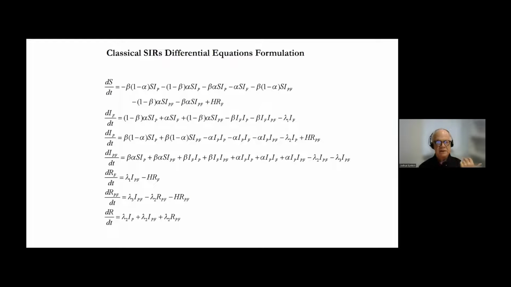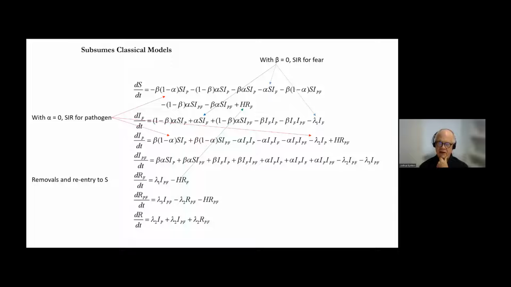Okay, and the classical SIR differential equation formulation of this is this. It just looks a little bit complicated, but on close inspection, it really simply subsumes two SIR models. I think of this as a kind of fugue of SIR models.